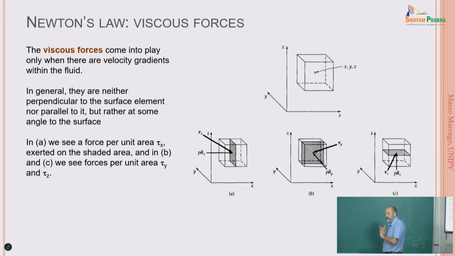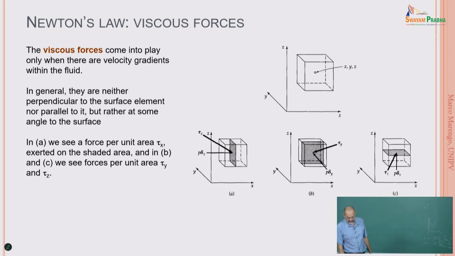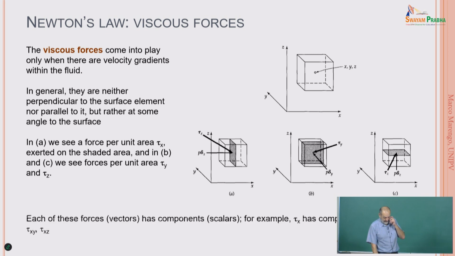So this means that, for example, we can think of a component of tau linked to the plane in the x direction, but this component tau depends on the components of velocity, all three of them. The same thing for the plane on the y, and the plane on the z.